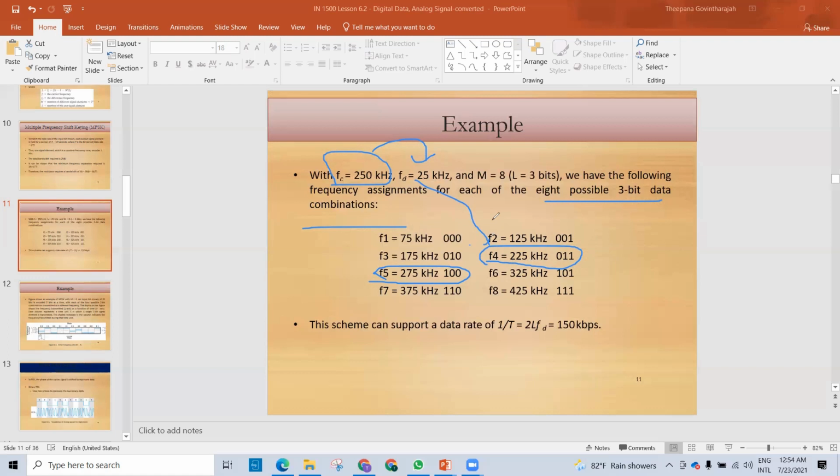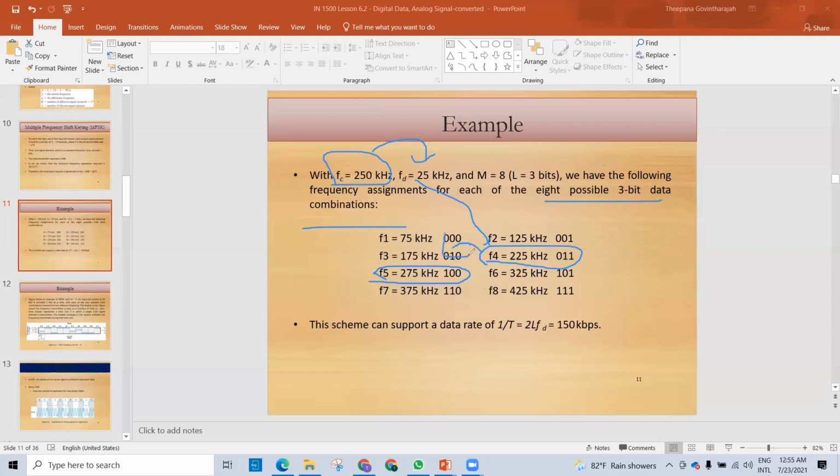So 250 minus 25 is 225. And another one should be equal and opposite from the FC, so 275. So here the minimum separation between two signal elements is 50 Hertz.